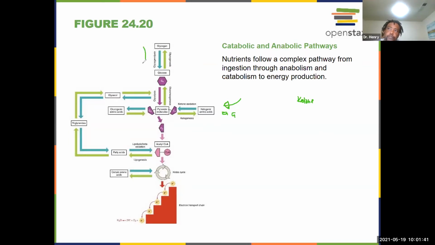This is going to be the entry of your sugars, so your saccharides. This here is going to be the entry of your lipids. You're also going to have, although it's not showing it here, lipids that are going to be entering through this process as well too.